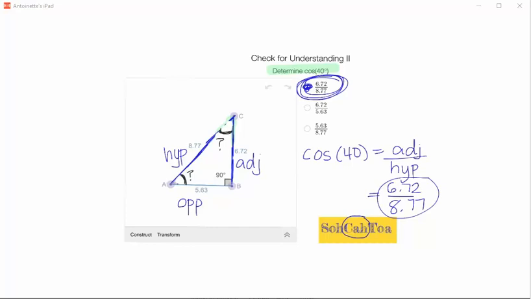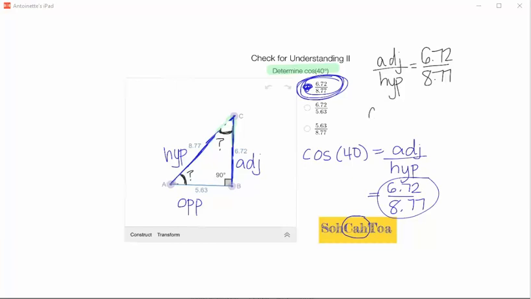If I know that I have this ratio of my adjacent side to the hypotenuse side, and if I know that that ratio is 6.72 over 8.77, what I can do is the inverse cosine in my calculator.